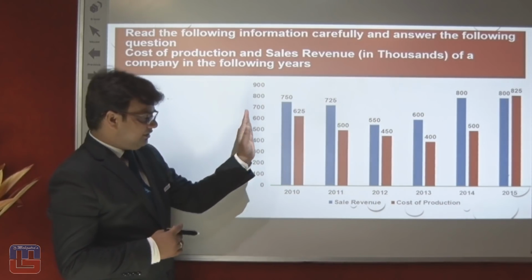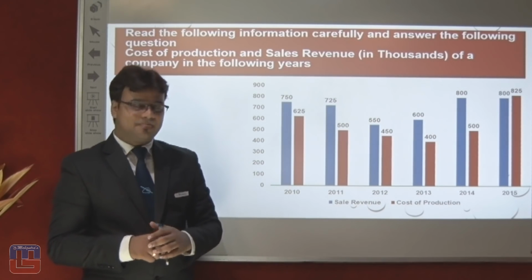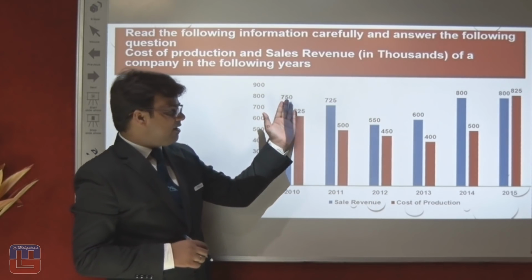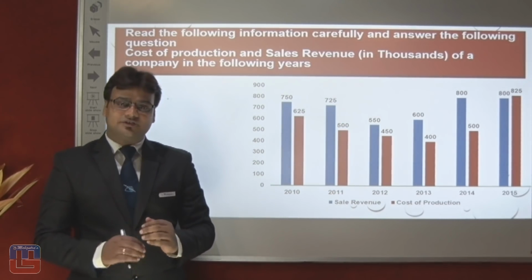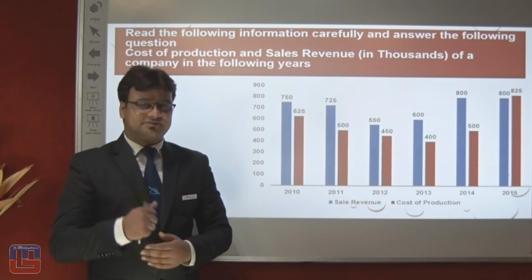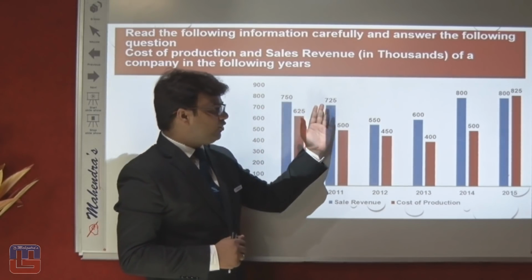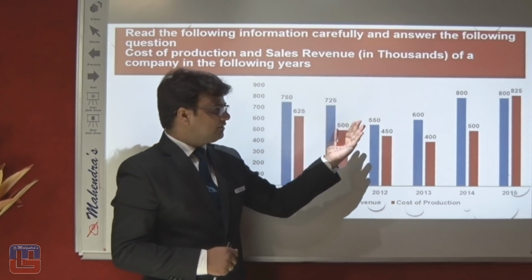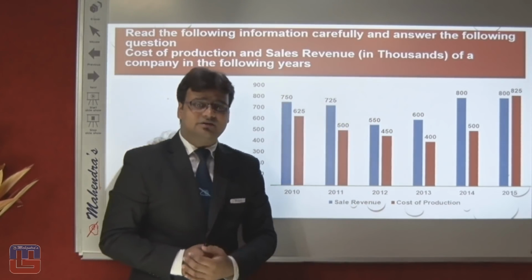If we calculate the average, that means the mean value, of 750, 725, 500, 600, 800 and 800, it is more than 600. Four values are more than 600: 750, 725, 800 and 800.